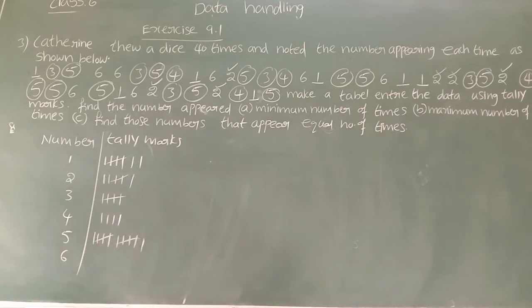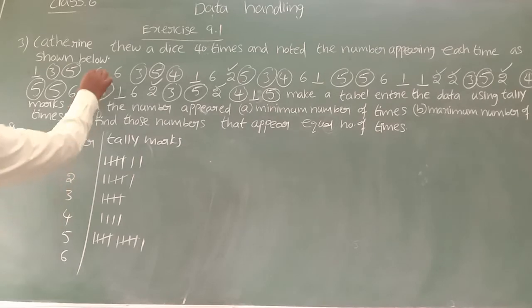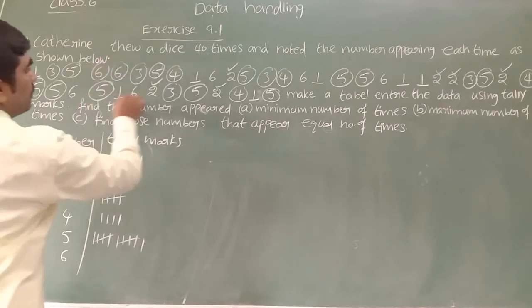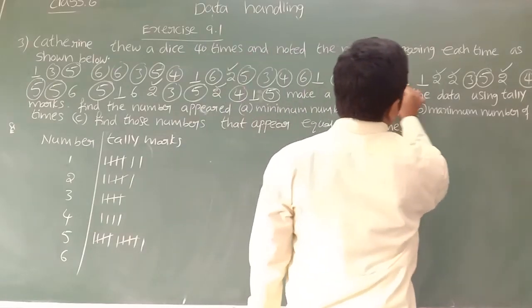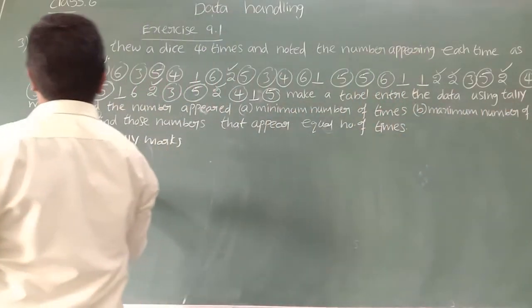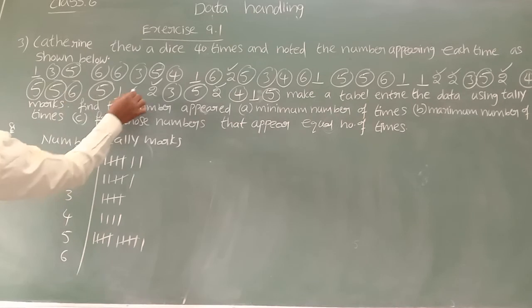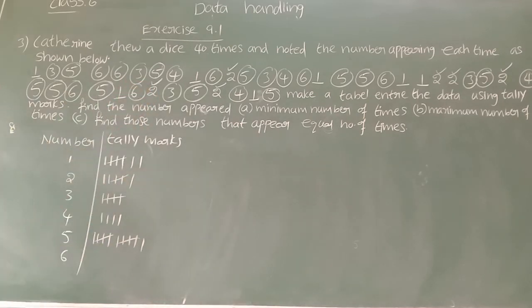Let's see 6 here. How many times is it repeating now? 1, 2, 3, 4, 5, 6, 7. It is repeating 7 times.